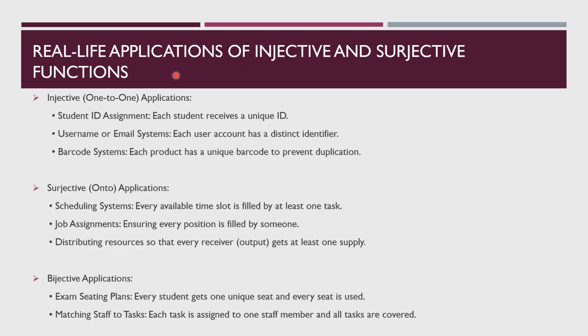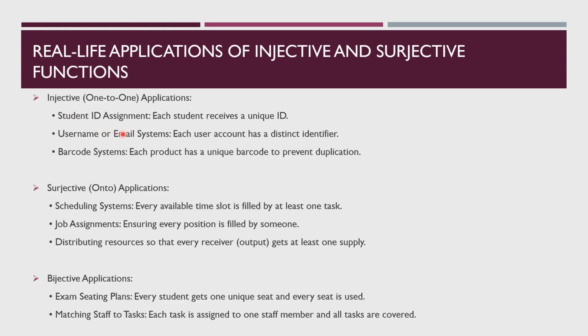So real life application of injective and surjective function. So let's see this example here. If I want to know a real life application of a one-to-one function, look at these examples, and it is very, very interesting.